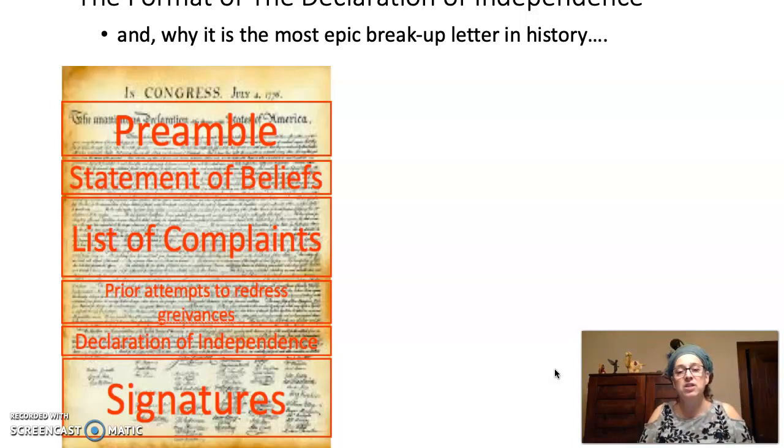The colonists are saying, look, we feel we have rights, and here are the things that you've done. You have obstructed the administration of justice. You have made judges dependent on England alone for the tenure of their office. He's erected a multitude of new offices.